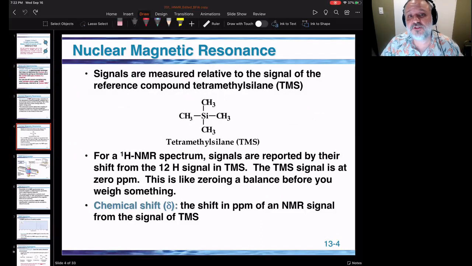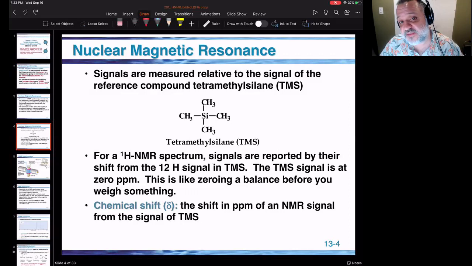It doesn't matter which methyl group or which hydrogen you're looking at, that's its reality. So every hydrogen is in an identical chemical environment. And so we're going to use TMS to zero our scale of where signals appear.